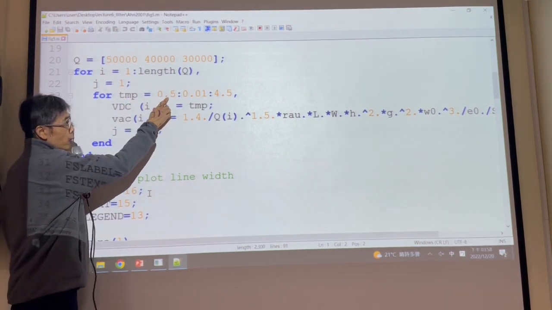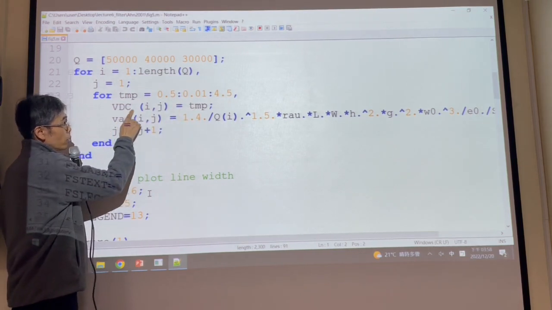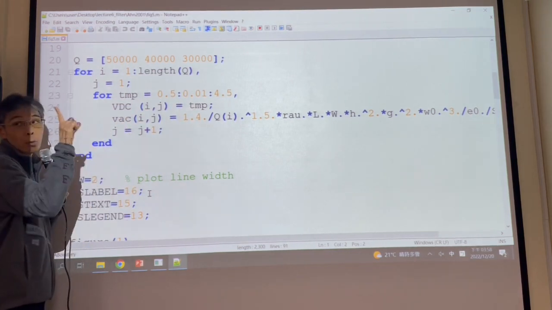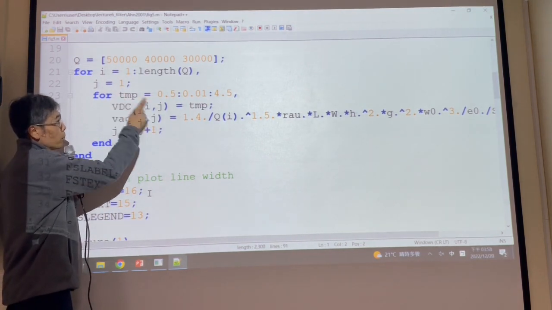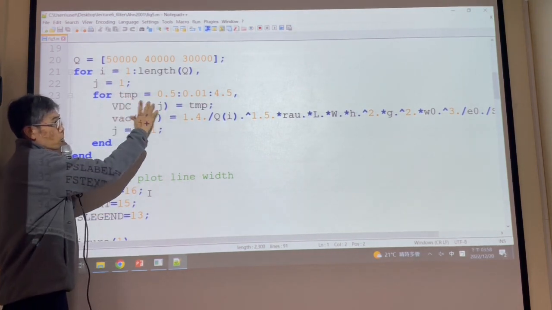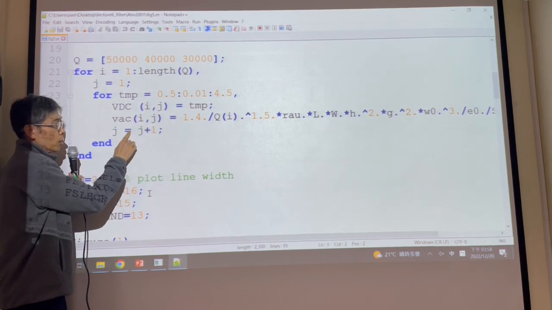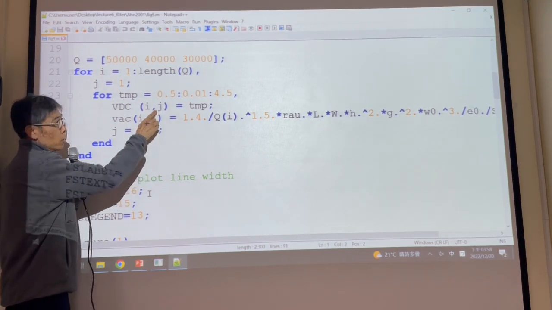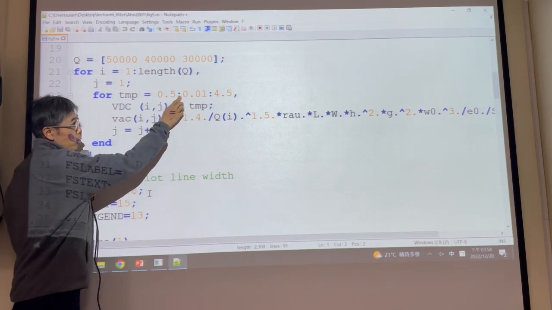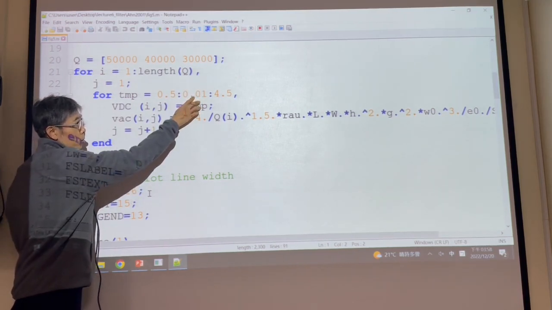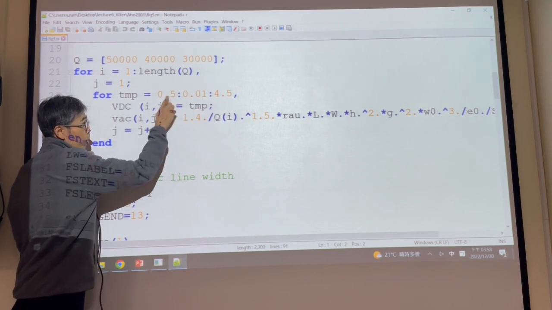We set this value into this column. I means case 1, case 2, case 3. J means the point, because for each computation, J equals J plus 1. So J equal to 1 is the first point, J equal to 2 is the second point. This is the increment, this is the final value, initial value.